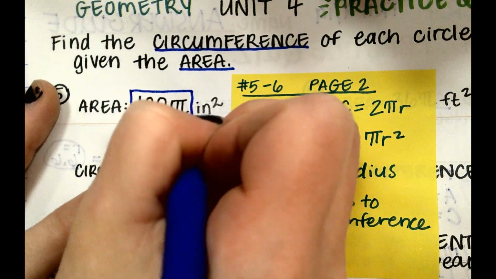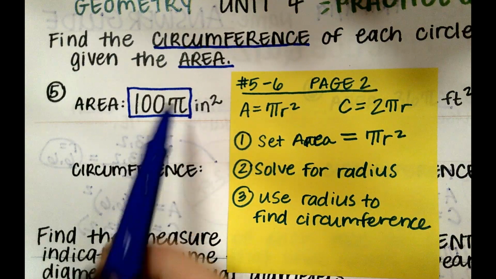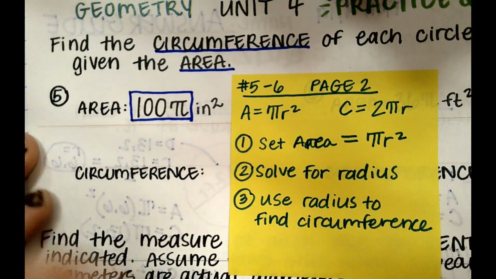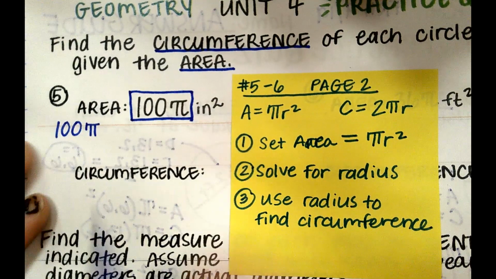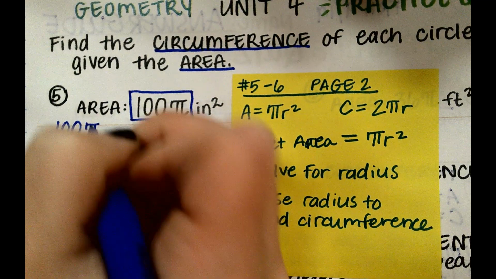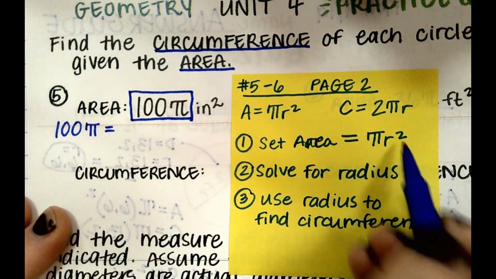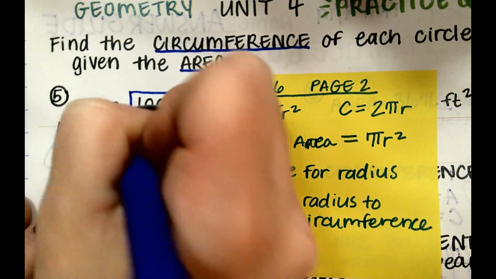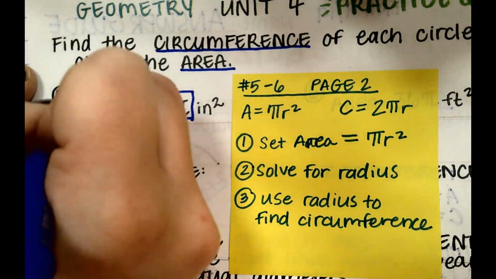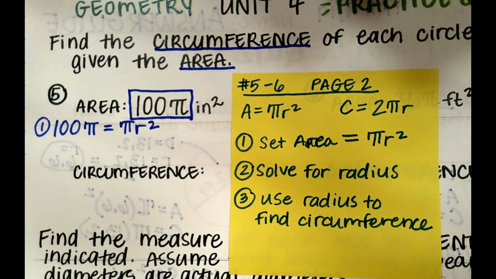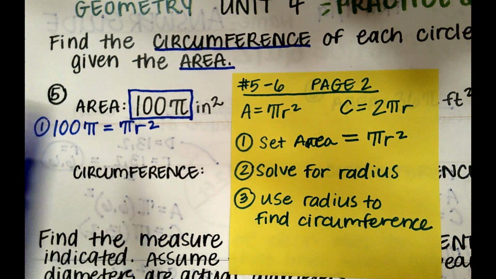Make sure you include the pi. So I'm going to do that: 100 pi equals pi r squared. That's my equation for step 1. So I'll put a 1 next to it, just so that we can keep track of what we're doing here.